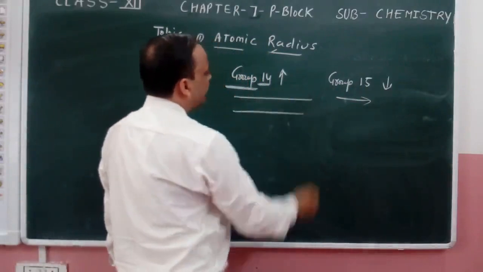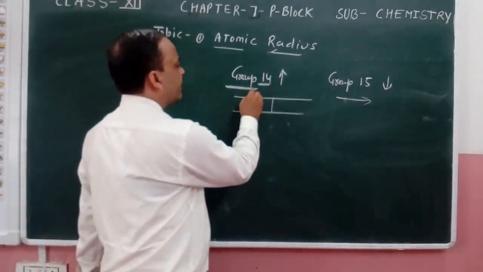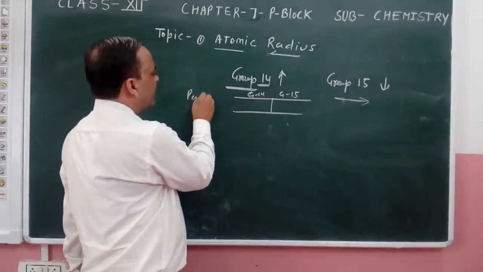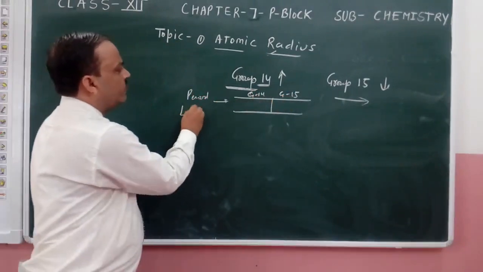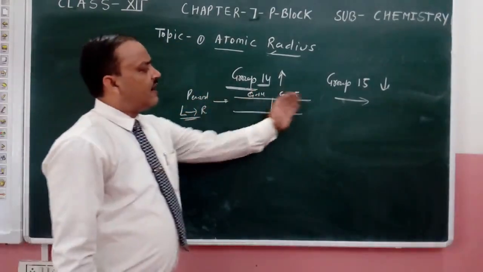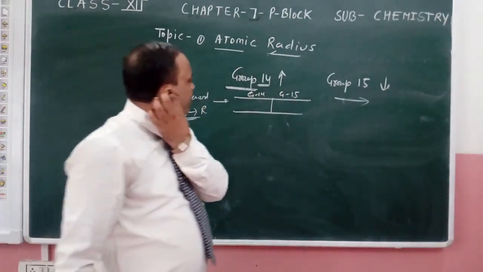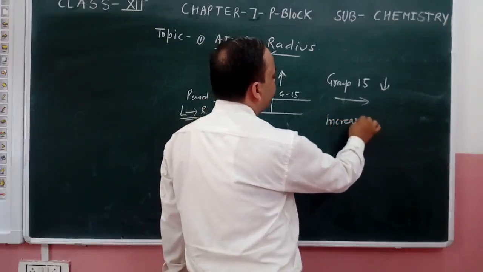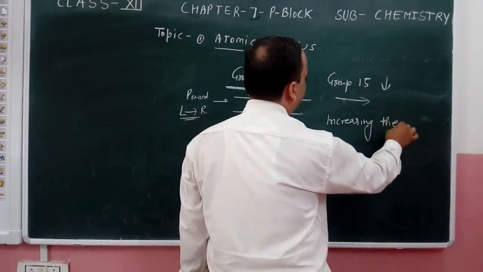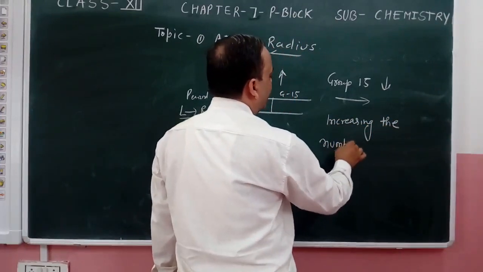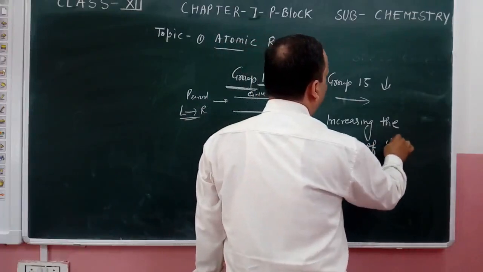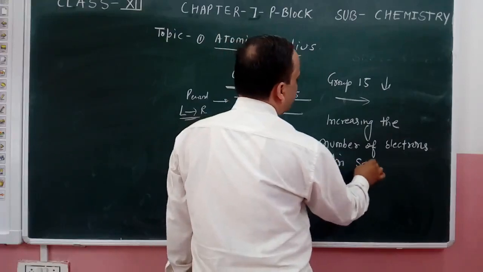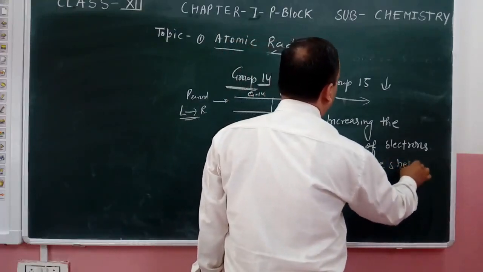When we compare the two groups in a period, moving from left to right, we are increasing the number of electrons in the same shell.